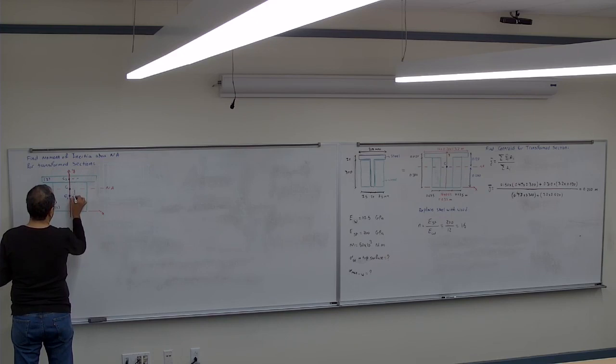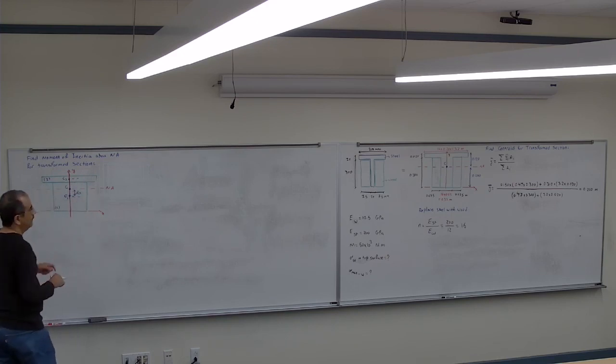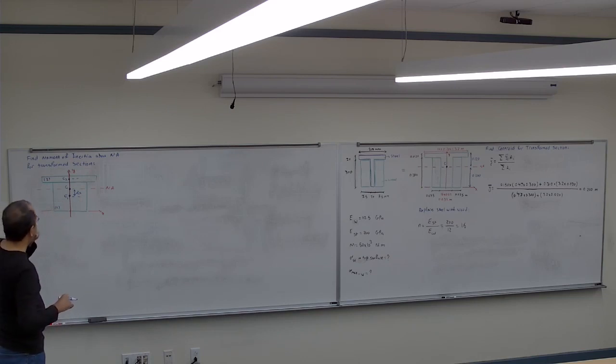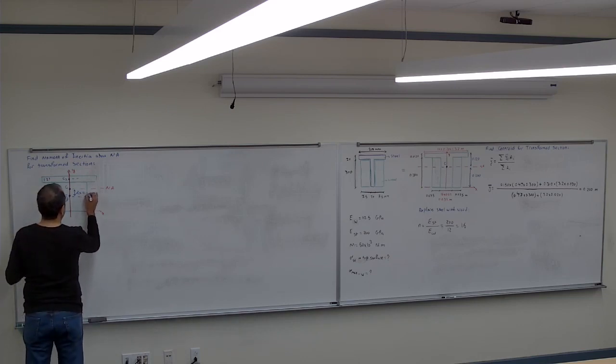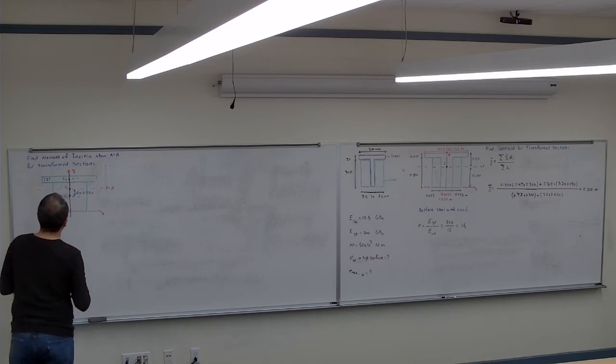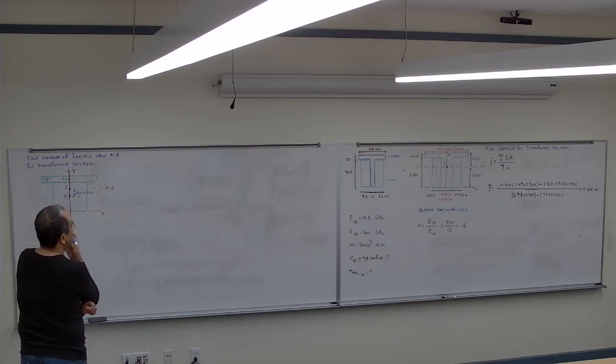So D1 is how much? If it's 200 minus 150, it's going to be 0.050. And for section 2, it's going to be at 310.